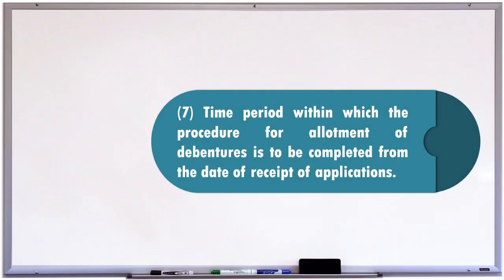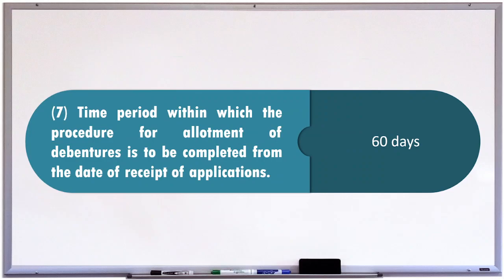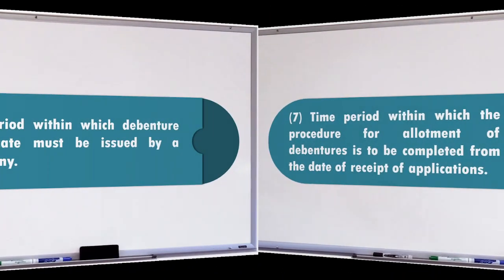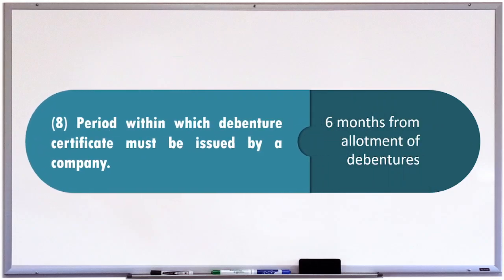Time period within which the procedure for allotment of debentures is to be completed from the date of receipt of applications. And the answer is 60 days. 8. Period within which debenture certificate must be issued by a company. And the answer is 6 months from allotment of debentures.